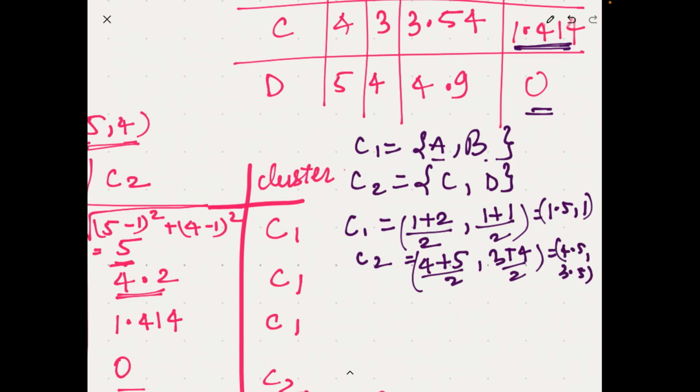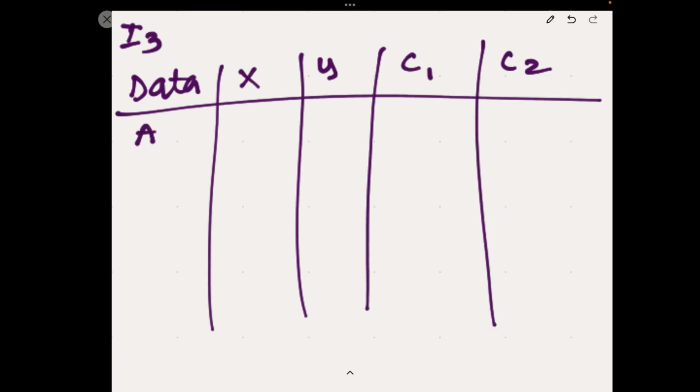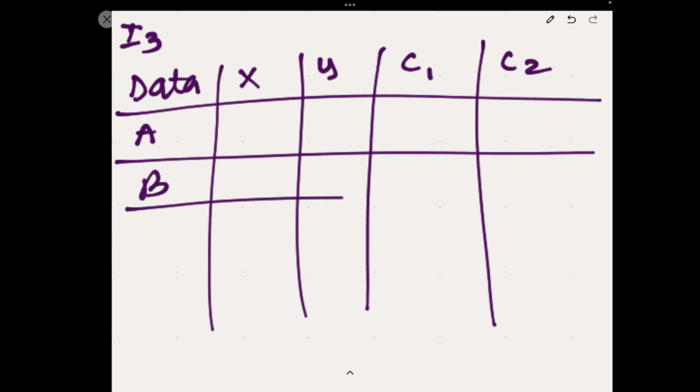So what we are going to do is calculate the values again for iteration 3, where we have the data points x, y, and we'll have to calculate C1 and C2 because the centroid values are different this time, right? So let's do that.